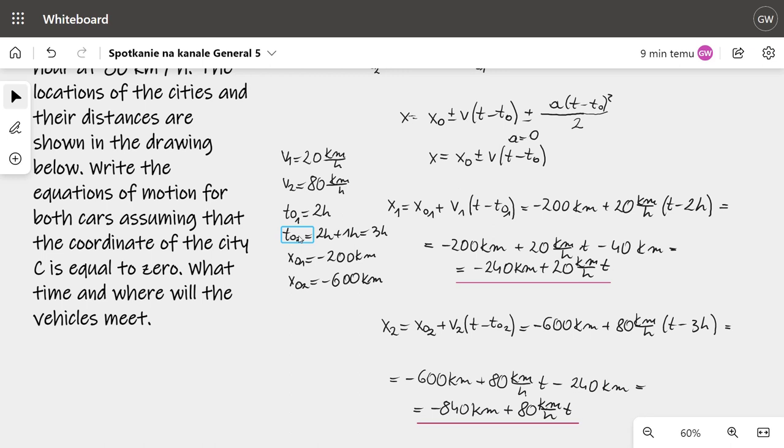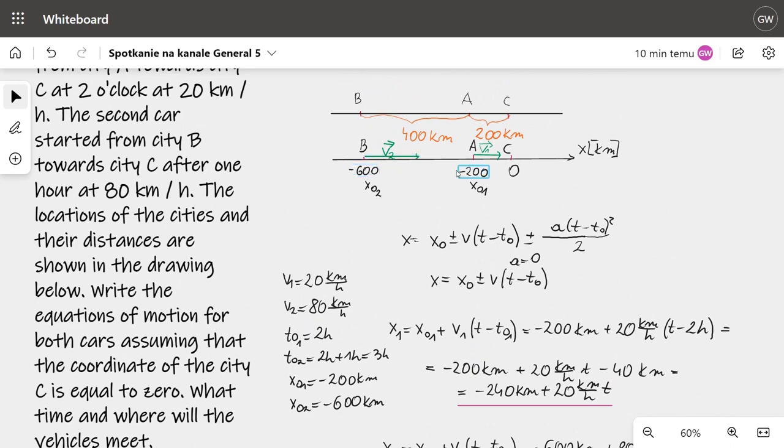Second, 1 hour later, so at 3 o'clock here. Coordinates of initial positions of cars equal to minus 200 and minus 600 kilometers. It's here. We see it here and here.